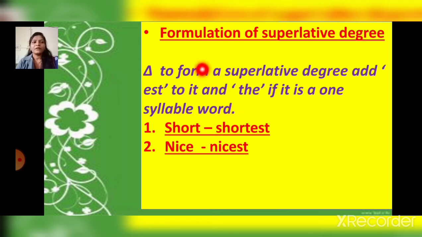Now formulation of superlative degree: to form a superlative degree, add est to it and the if it is a one syllable word. So in superlative degree we are using est and the. Short, shortest. Nice, nicest. Here we used est, right?